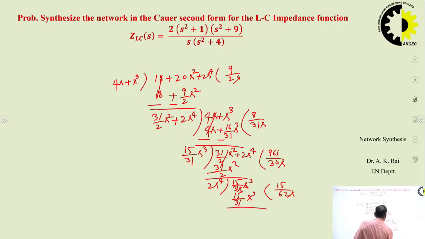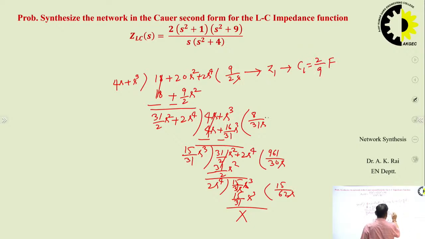So now the remainder becomes 0. So start with here. We started with the impedance function, so this is Z1. This is Z1 means it is capacitor, so it is capacitor of capacitance 2 by 9 F. Clear?